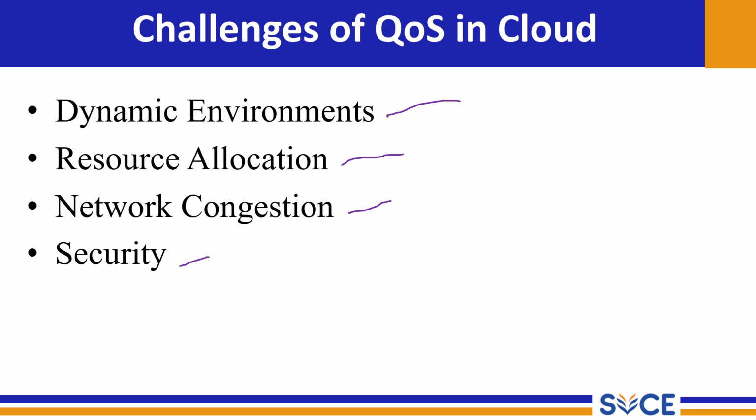And if you take some real-world examples of these QoS challenges, like the AWS S3 outage, which occurred in February 2017. What happened is that Amazon's S3, the Simple Storage Service, in the US East 1 region went down for hours and hours.